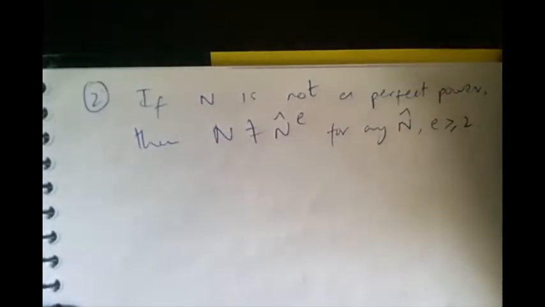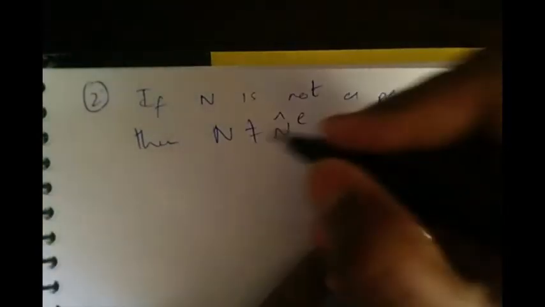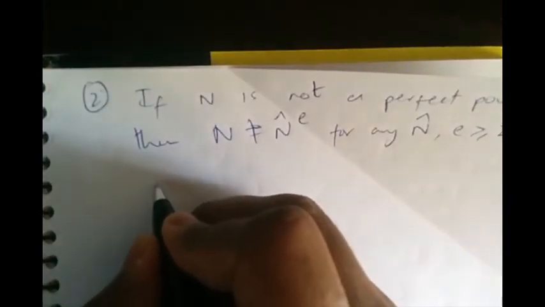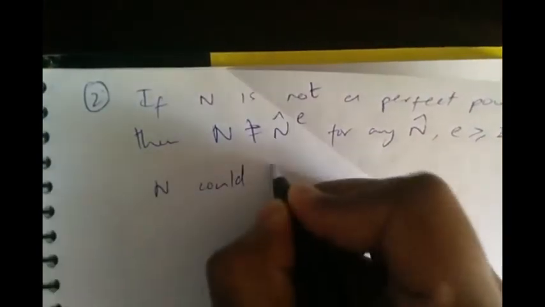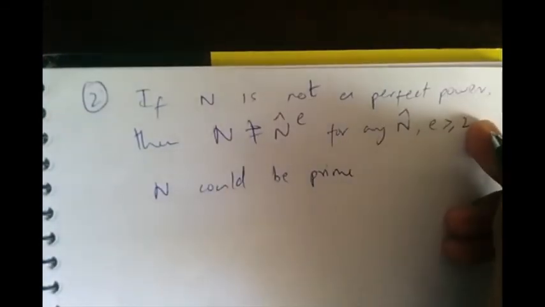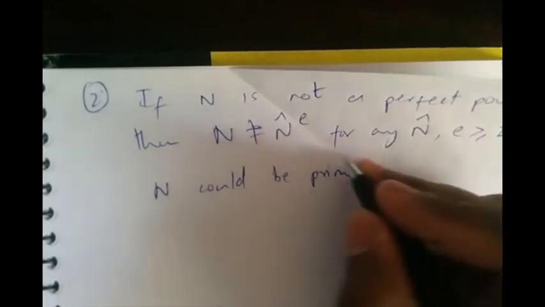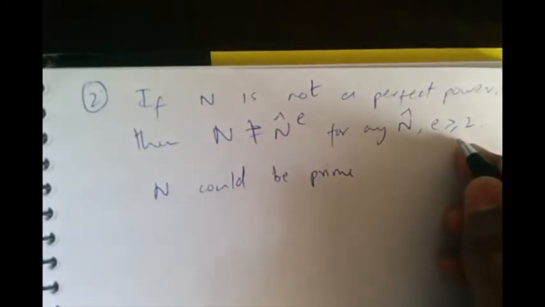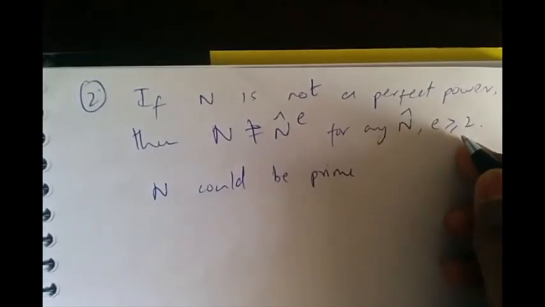So that's what it means for it not to be a perfect power. So then what are the cases? One possibility is that n could be prime, because we said e is greater than or equal to 2. So n could be equal to some prime. But for our test, when n is prime, we don't need any guarantees about the number of strong witnesses.